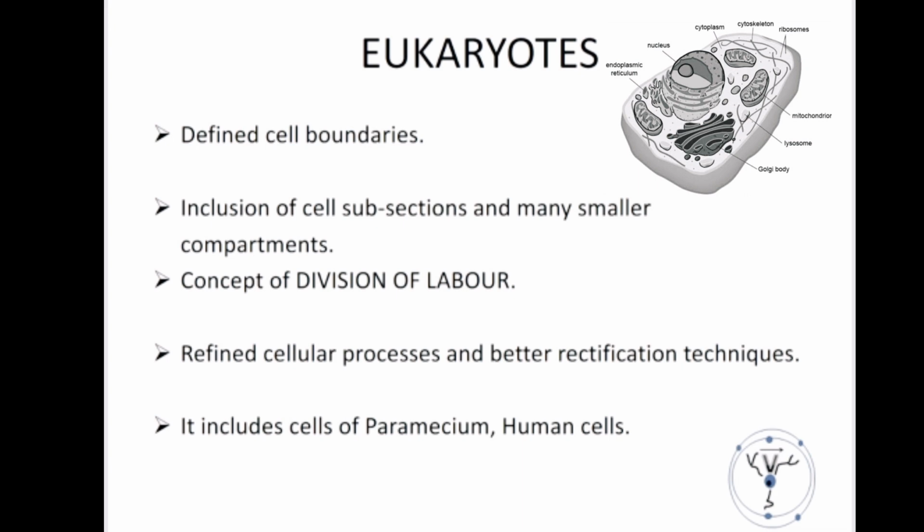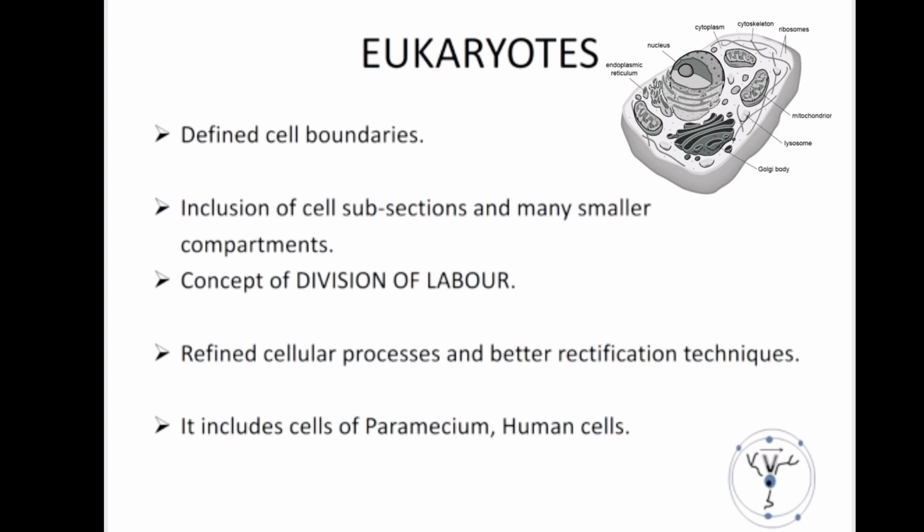A eukaryotic cell consists of many subcellular sections, many cell compartments. For example, they have a lot of cellular organelles like mitochondria, nucleus, ribosomes, Golgi apparatus, vacuoles, inclusion bodies, endoplasmic reticulum, etc.